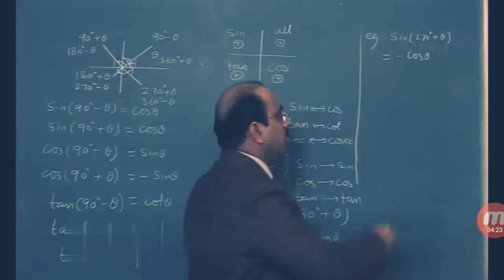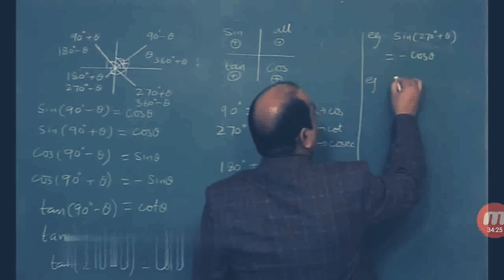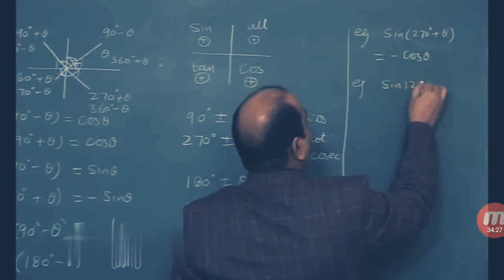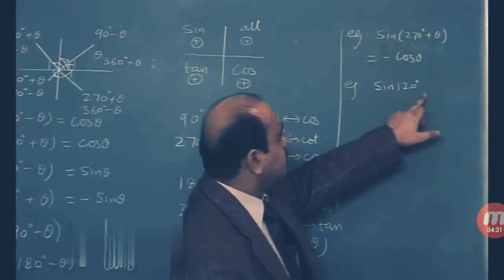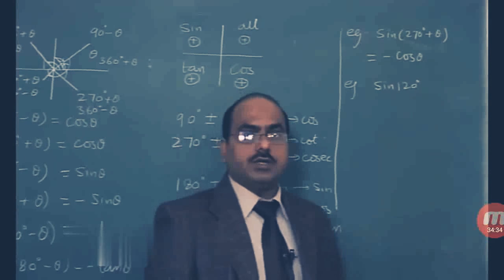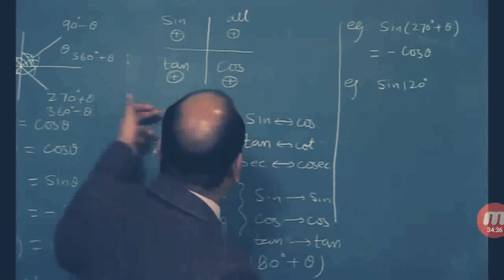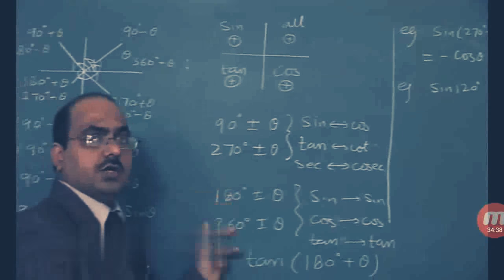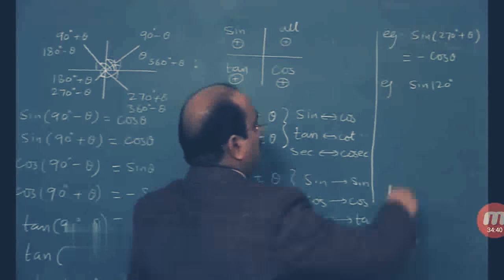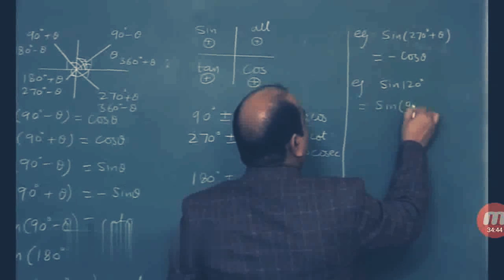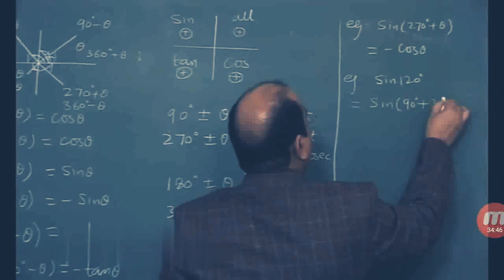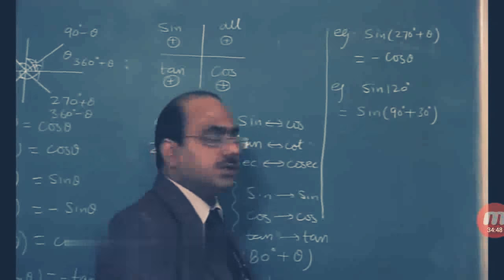For example, we want to find the value of sine 120 degree. If the angle is greater than 90, then we have to break it with the help of these angles, that means either with the help of 90, 270, 180 or 360. Here, if I break it with the help of 90, then it will be 90 plus 30.